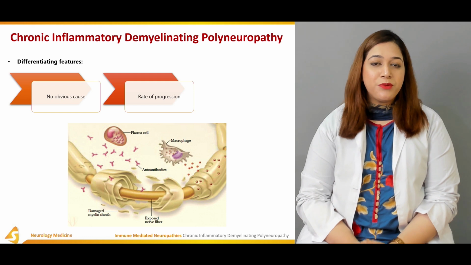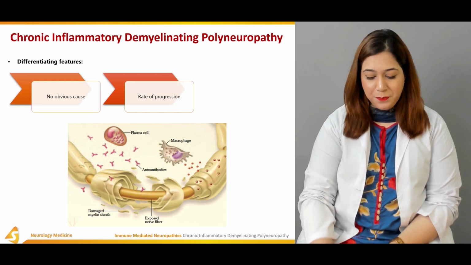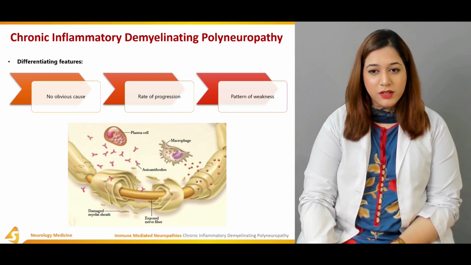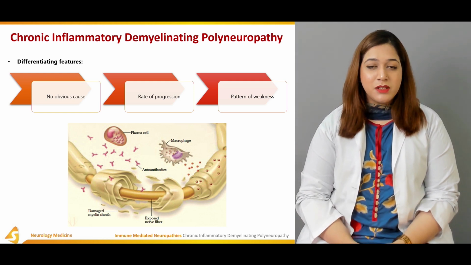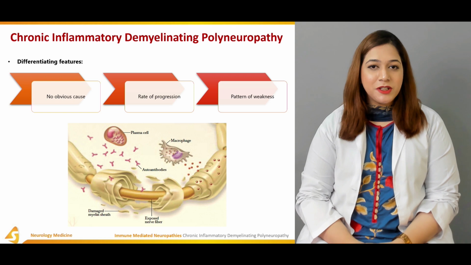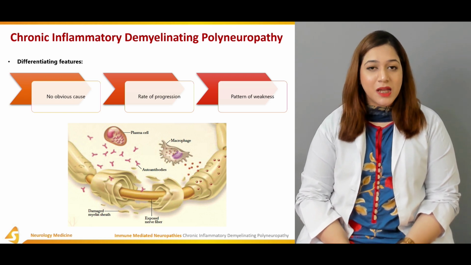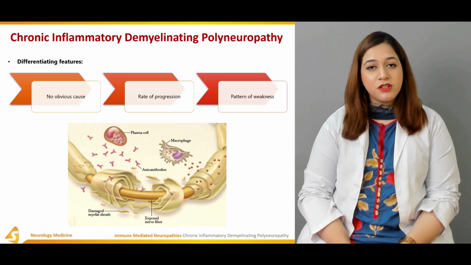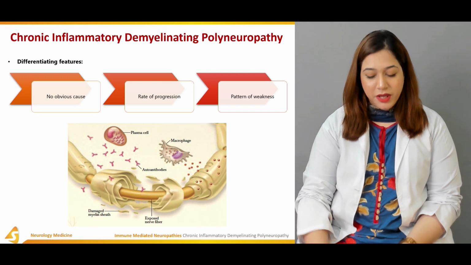Patients do not present to the doctor for several weeks until the symptoms are much worse. The pattern of weakness in case of CIDP is patchy, asymmetrical, and multifocal, involving both the distal and proximal segments simultaneously, in contrast to the symmetrical ascending pattern of weakness in GBS.